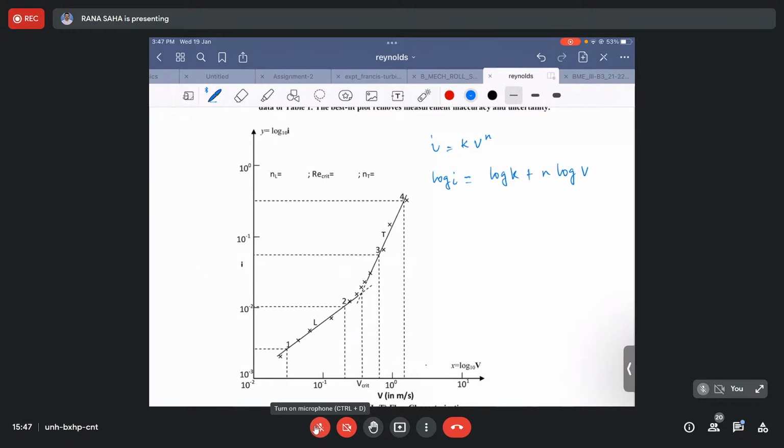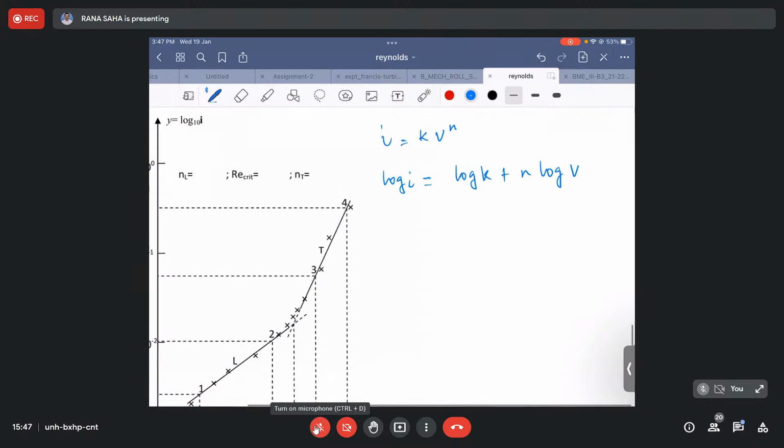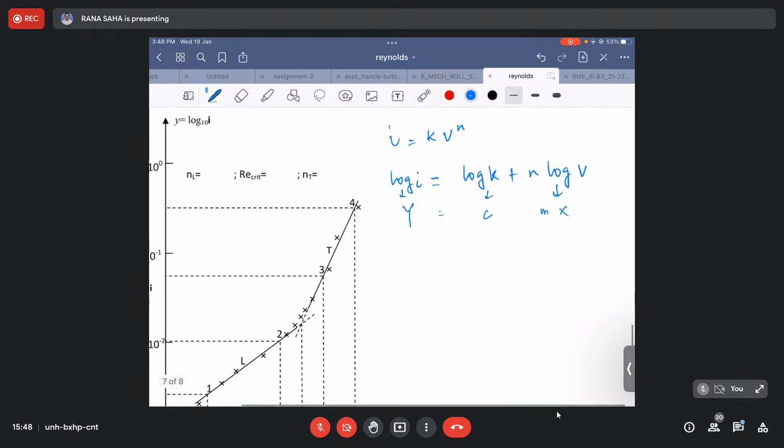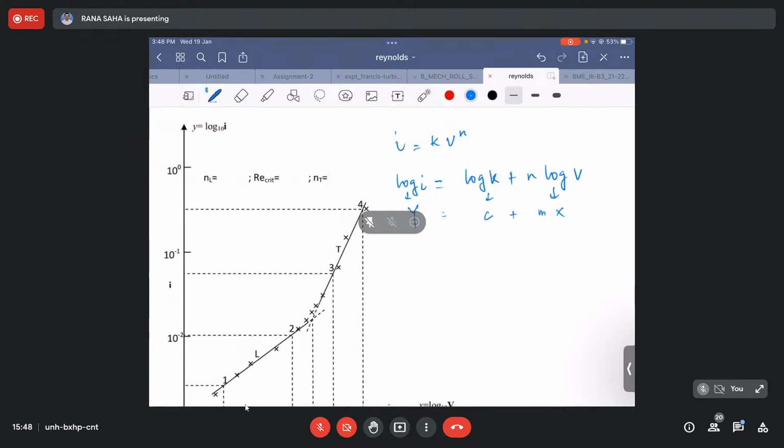Is it correct? So we can think of this as y equals some constant c plus, with log v as x and n as m, so y equals m x plus c, right?